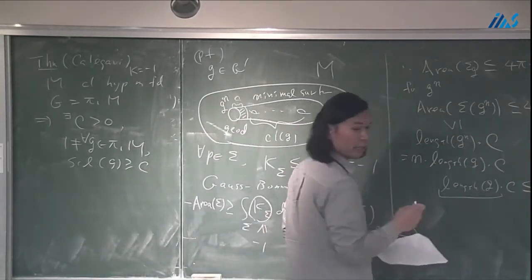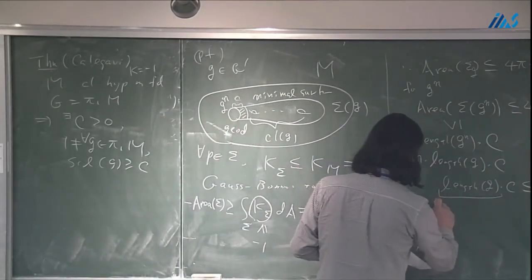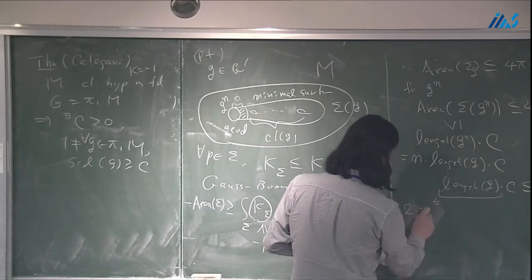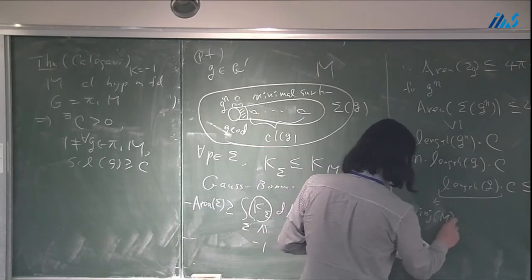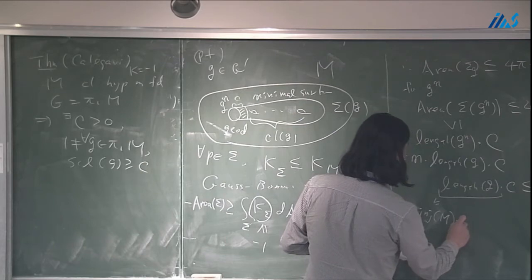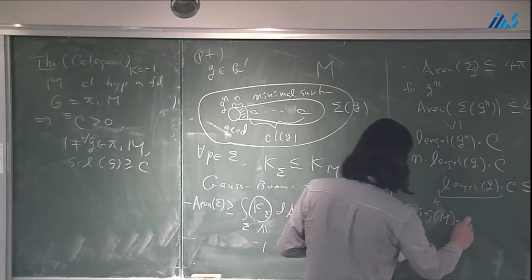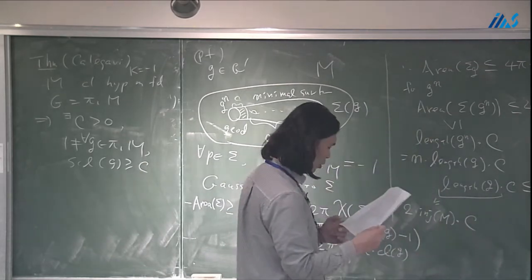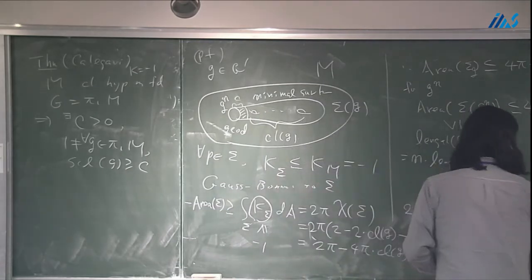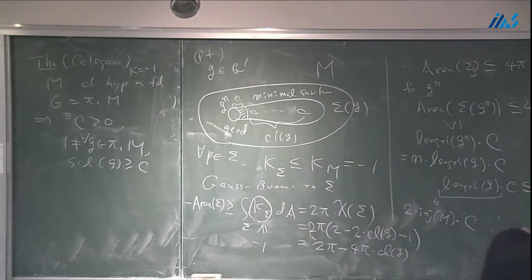So this is at least 2 times the injectivity radius of M times C. Therefore, 2 times the injectivity radius of M times C, divided by 4 pi, gives a lower bound of the stable commutator length of G.